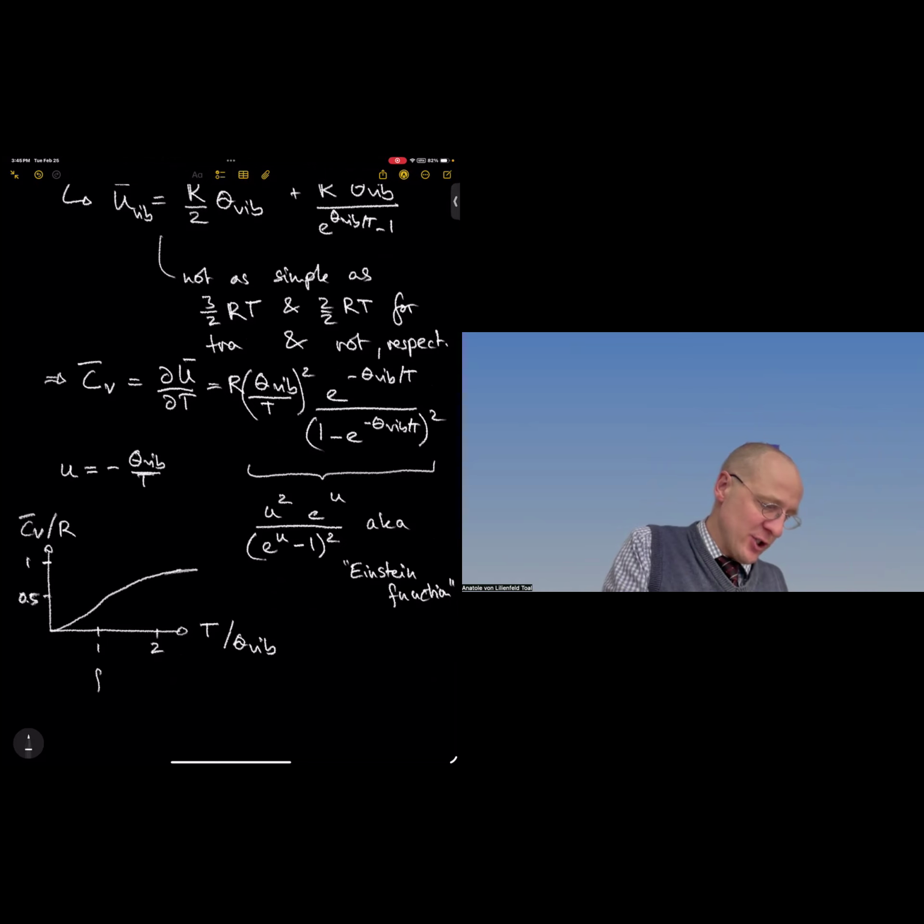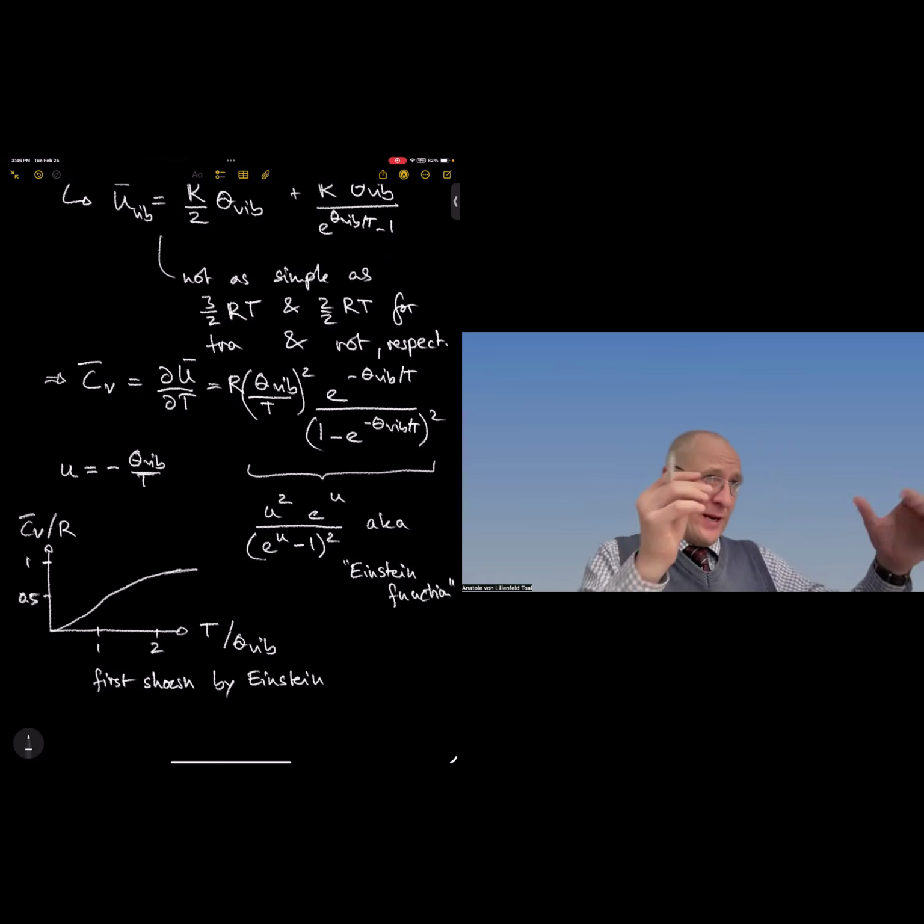And this was first shown by Einstein for also what's known as the Einstein crystal. The Einstein crystal is a lattice where the atoms interact harmonically, like springs, right?